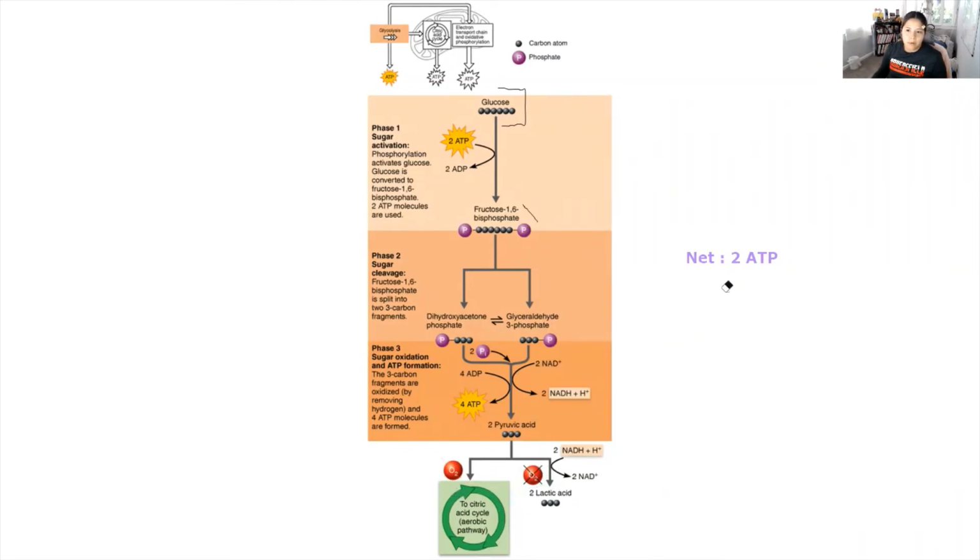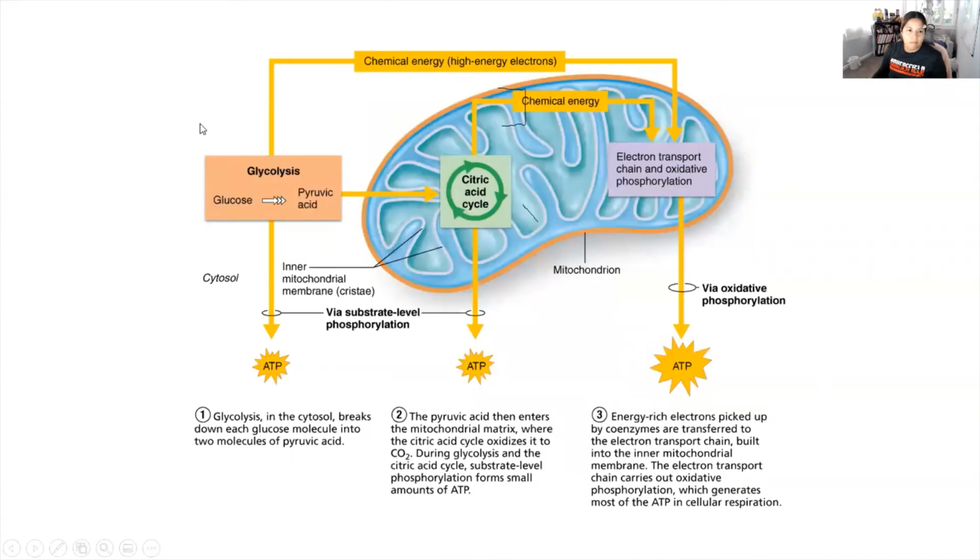So you should remember aerobic respiration. So we talked about glycolysis, where we take glucose, which is a 6-carbon molecule, and break it down into pyruvic acid, which is 2 3-carbon molecules. Okay, so 1 glucose into 2 of these pyruvic acids. And then from there, those 2 pyruvic acids will enter the citric acid cycle.